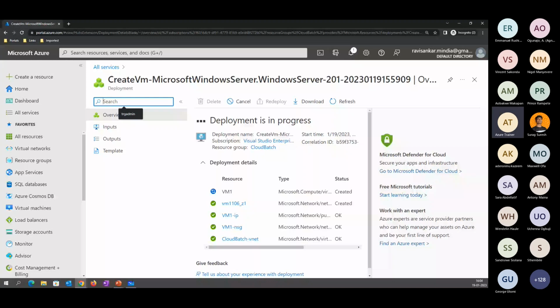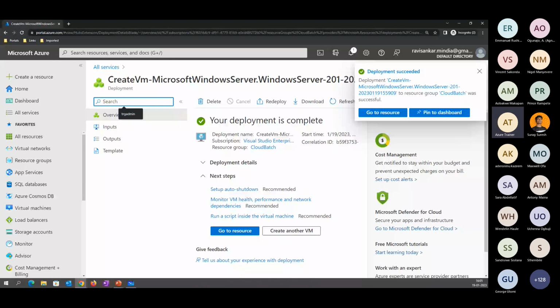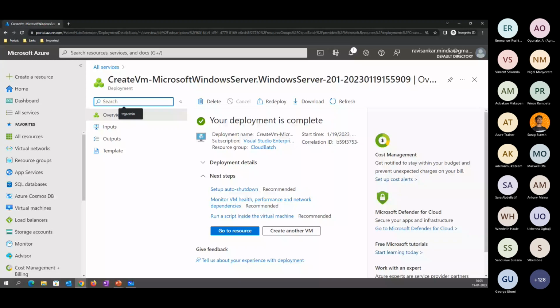Right now the deployment is in progress. Right now the deployment has been completed.